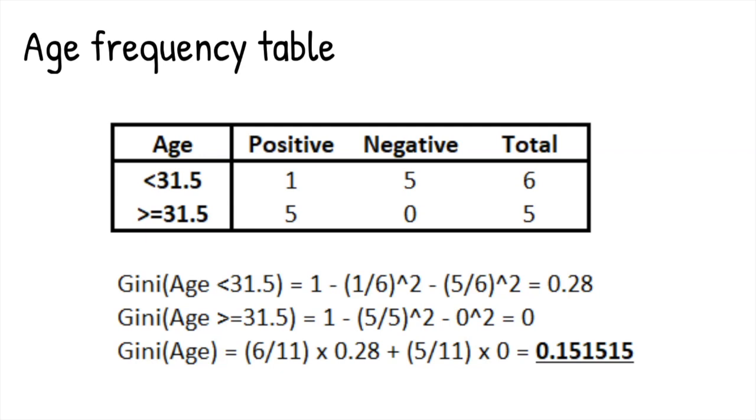Now, if we add that weighted average, we will get a total Gini index for age equal to 0.151515.